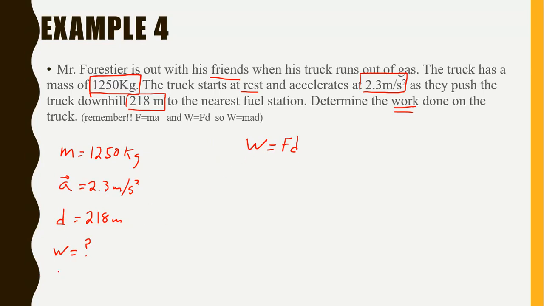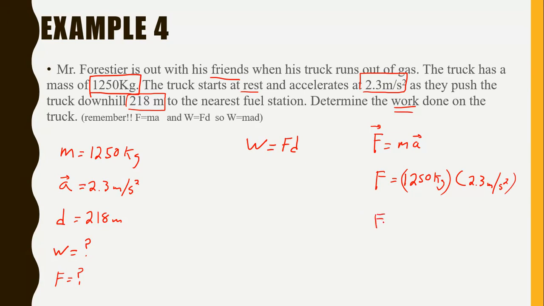Is there a way to actually find force? If I wasn't given force in the formula, is there a way to find it? Remember, force is equal to the mass times the acceleration. Now, do I have both mass and acceleration here? Yes. So force is equal to 1,250 kilograms times 2.3 meters per second squared.